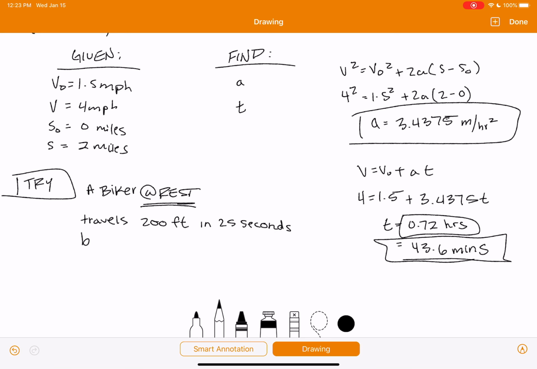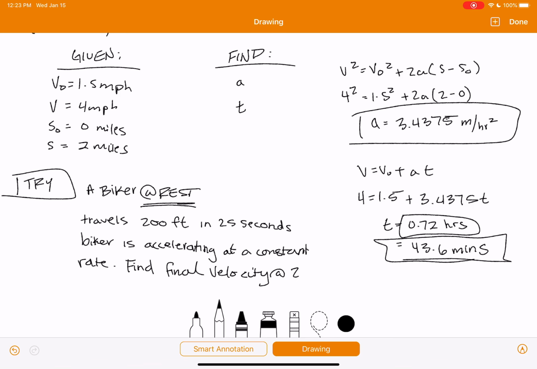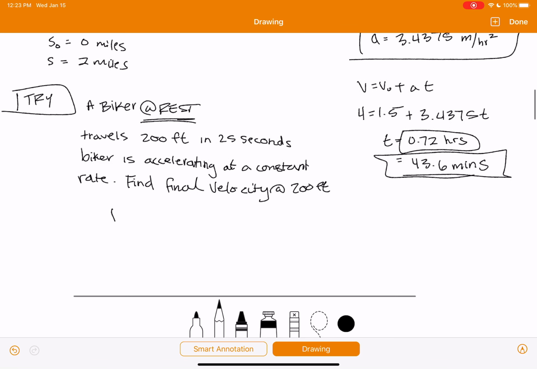So the biker is accelerating at a constant rate. Find the final velocity at that 200-foot mark. So you just need to find v.